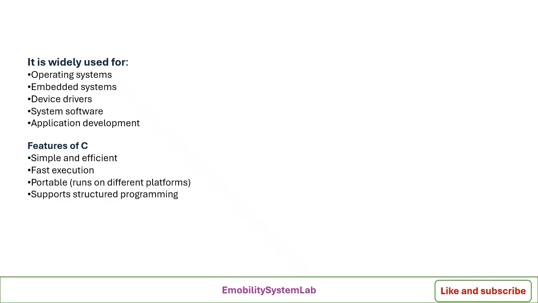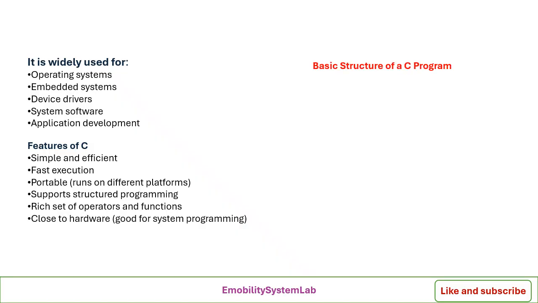We can easily read the code and understand what is written in it. It has a rich set of operators and functions, and it is very close to hardware basically. So when it comes to hardware, it is good for system programming.